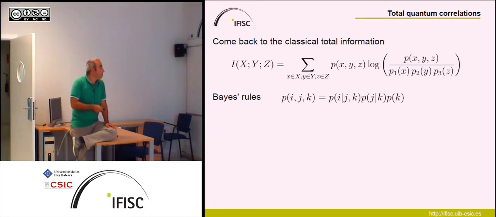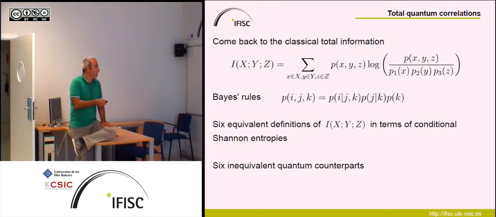Here the Bayes rule allows one to cut this joint probability into three objects: i given j and k, j given k, and k. And since we have three indices, we have 6 possible combinations, analogs of p(i,j,k), and 6 equivalent definitions of I in terms of Shannon entropies and conditional entropies.